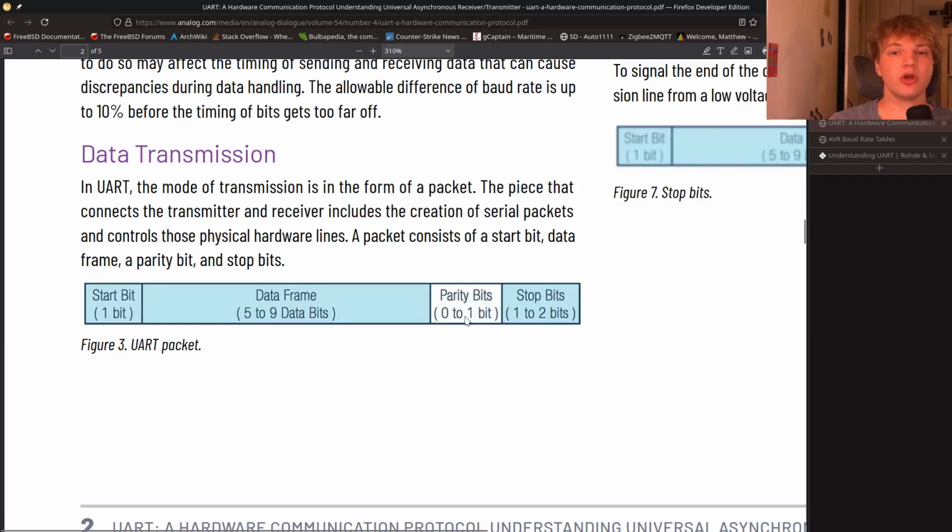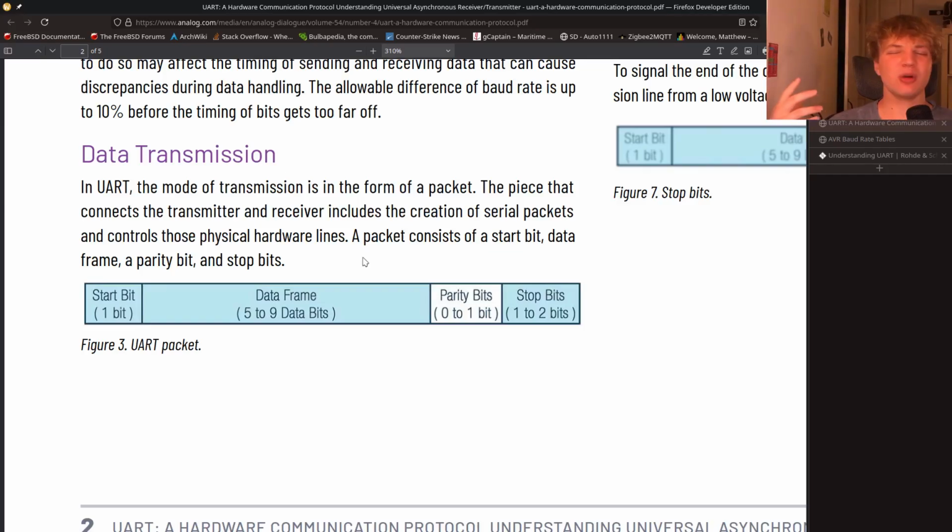So if you're not familiar with what a parity bit is, let's say I've got this data frame right here, and it's a sample of bits, so 1, 0, 1, 1, 0, and so on. The parity bit is used for error detection. So simply, a parity bit is one of the most simple forms of error detection around. You just count up the number of ones, and if it's even parity, you set the parity bit to 1. If it's odd parity, you set it to 0.